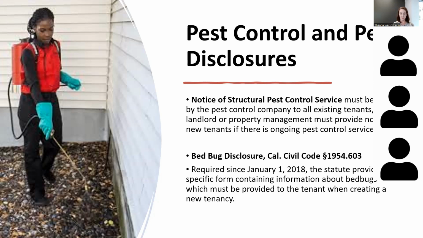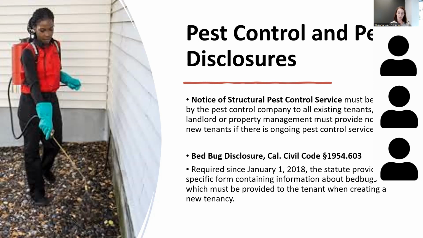It must state and include the pest to be controlled, what type of bugs they're controlling or rodents or whatever, the pesticides that they are using and their active ingredients, and state the mandated warning that pesticides are toxic chemicals, and the frequency of treatment pursuant to any contract for a periodic service. So how often are they going to be treating?